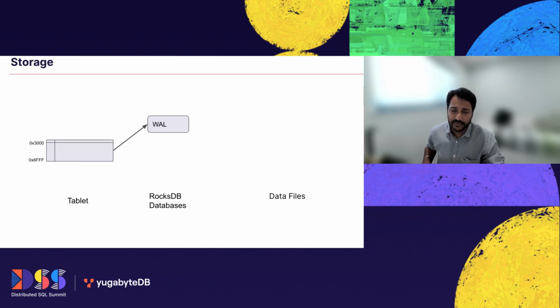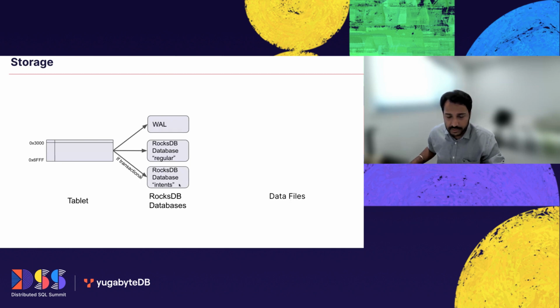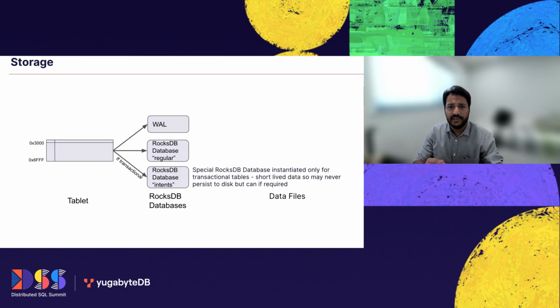Now, when that mem store becomes full, a flush happens and creates SST files, right? We already discussed that. So in addition to the WAL, the data is stored into what we call the regular RocksDB database. And if you have transactional data, that data is stored into the intent RocksDB database. So intent RocksDB database is nothing but a special instantiation of the regular database where we only store the data for a particular transaction until the transaction is committed.